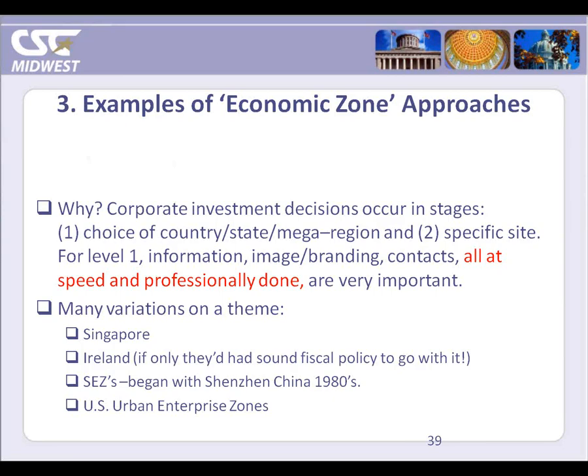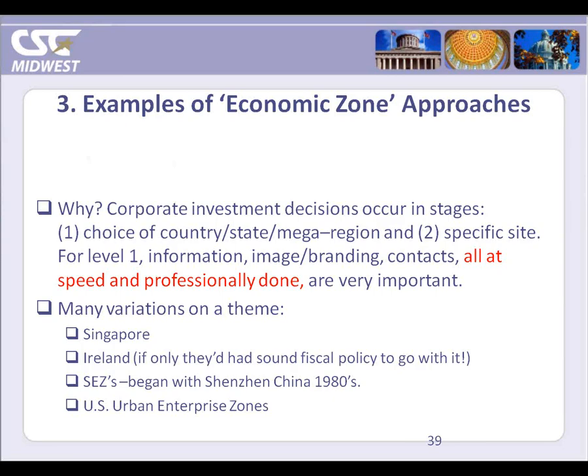They choose a country, state, or mega region, and then they investigate specific sites within that general area. And in this day and age, these decisions need an abundance of information, a very good presentation of the image of the area, and all provided at speed and professionally done.